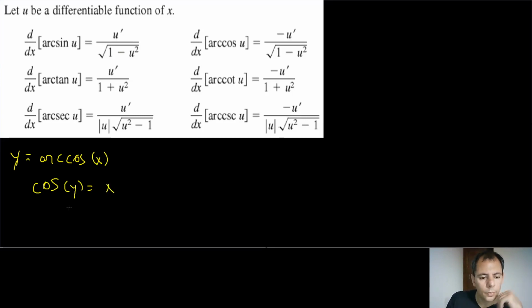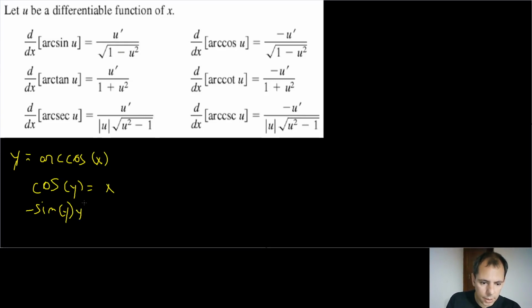There you go, right? And now what you want is y prime, the derivative of the arc cosine. Well, you take the derivative of both sides, so it's going to be minus sine of y dy, because y is a function of x, right? So you have to multiply this by dy dx.